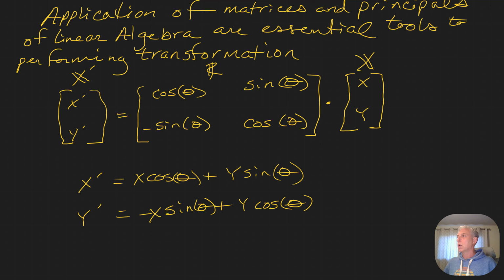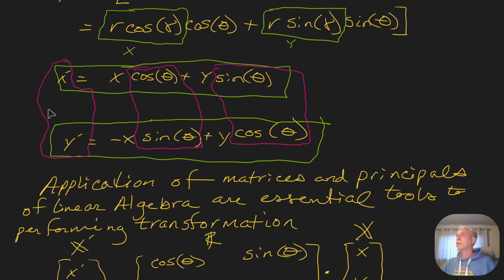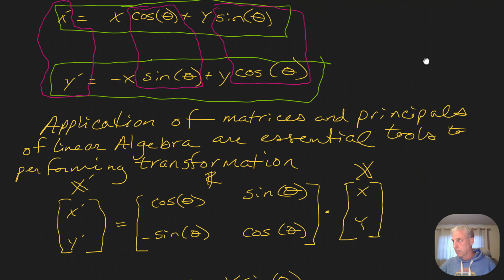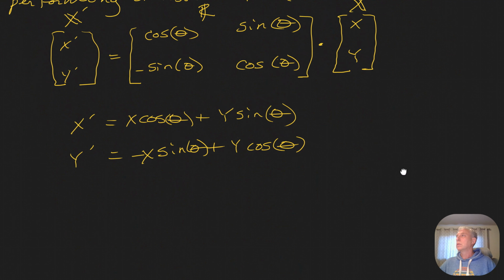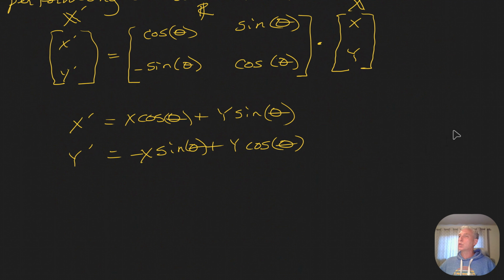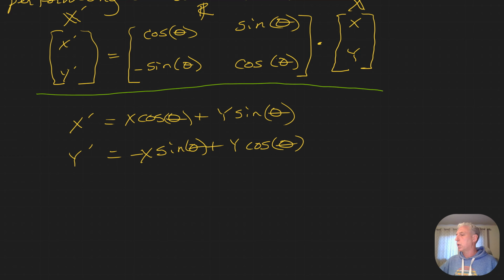That's our equations from above, our formulae from above, right there. X prime equals x cos theta plus y sine theta, yada, yada, yada. So that's just to demonstrate that it's a valid process to use matrices in place of solving individual equations. So this is what we will use for our solution.